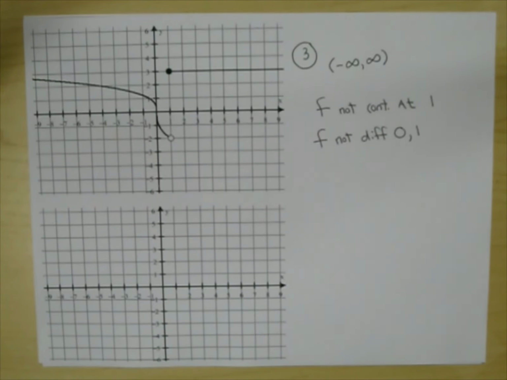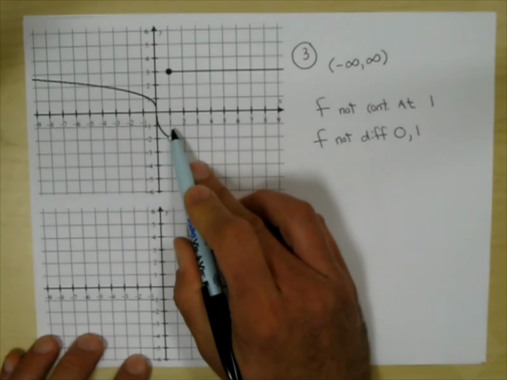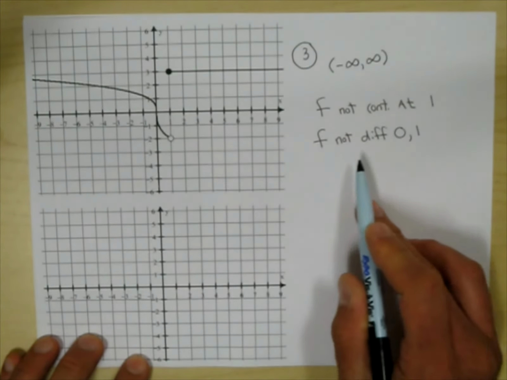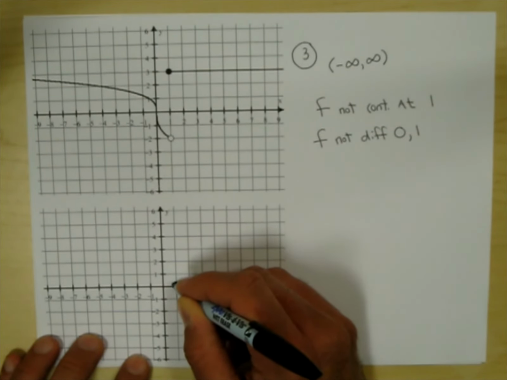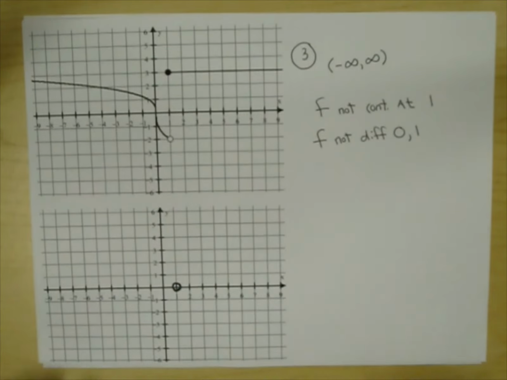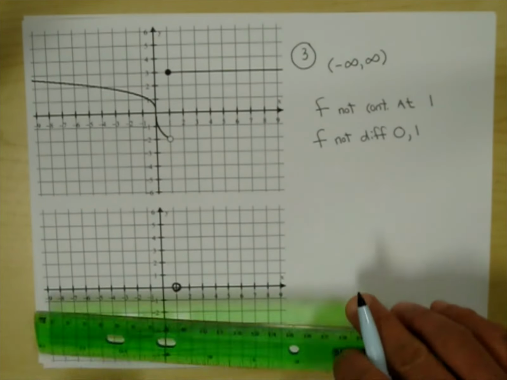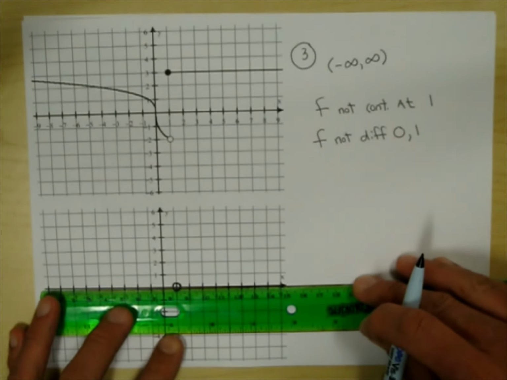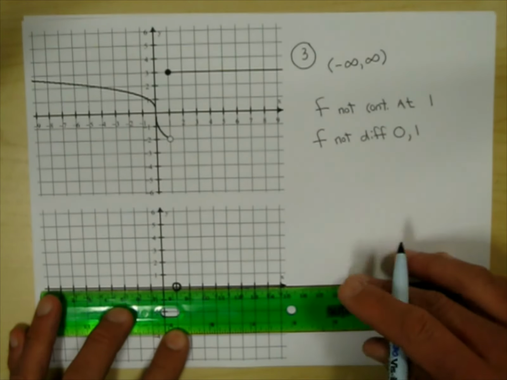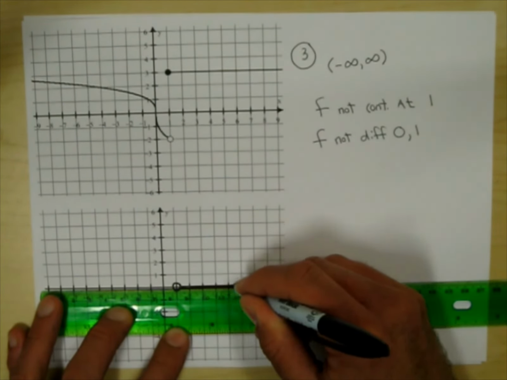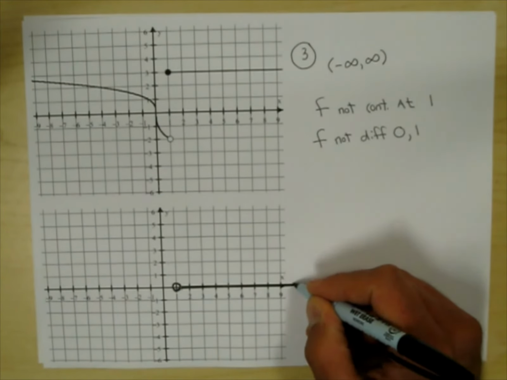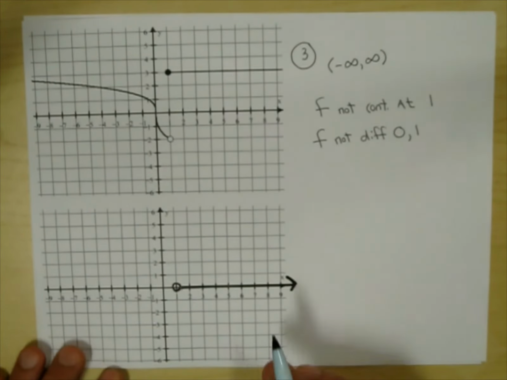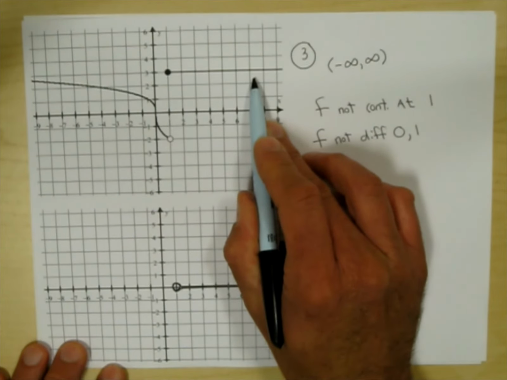So from x equals 1, I'll put an open circle there because it's not differentiable there, and I'm going to make a horizontal line, and it's actually going to be on the x-axis. So there it is. Okay, that was the easy part because that was a line.